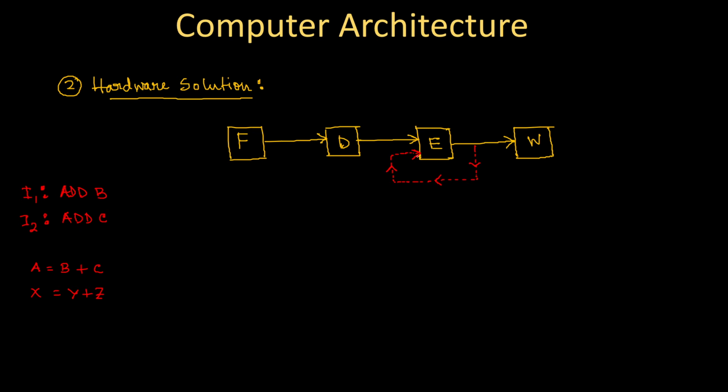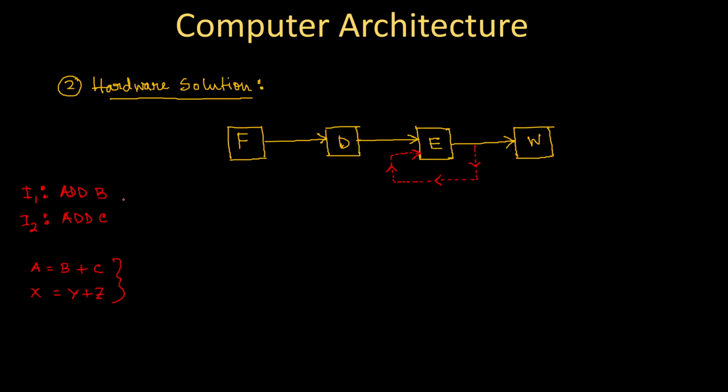First point. The second point is how a processor will realize that this input of the execution will be taken from the decode output or the execution output. For this type of case, the execution unit should take input from the previous stage.